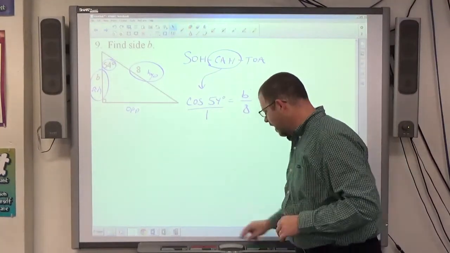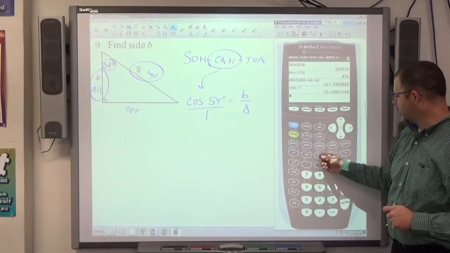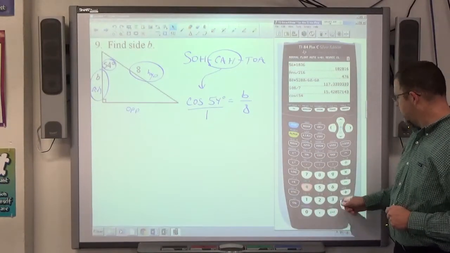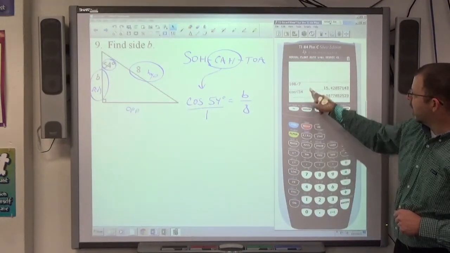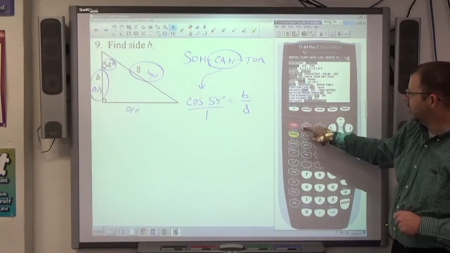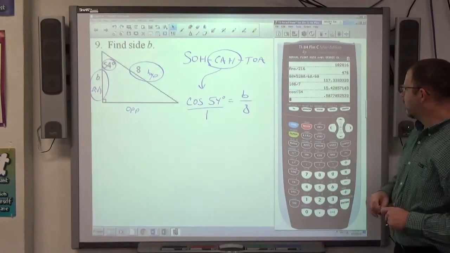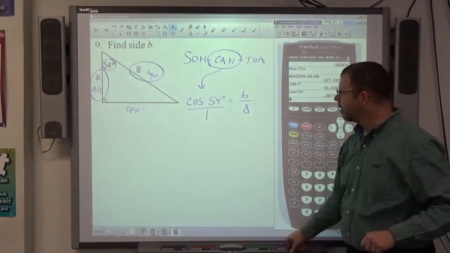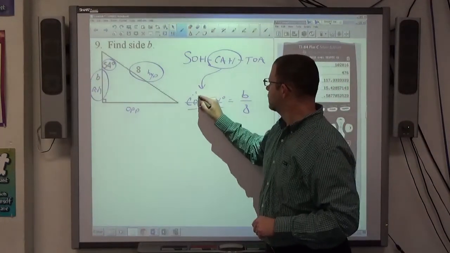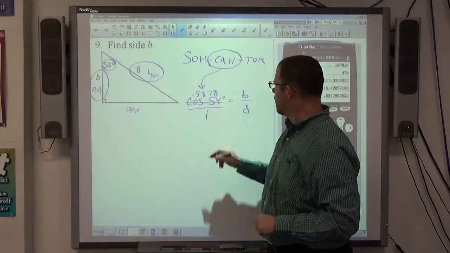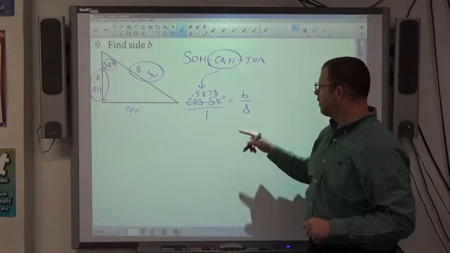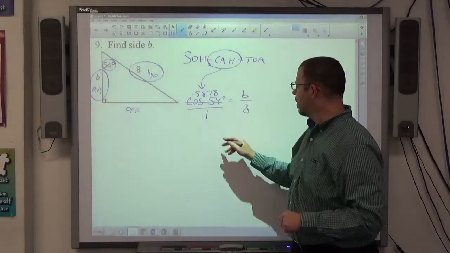And then my calculator evaluates cosine of 54 for me. Do ensure that your calculator is set to degrees, not radians. The cosine of 54 is 0.5878. So that gets me a simple proportion now. 0.5878 over 1 equals b over 8.